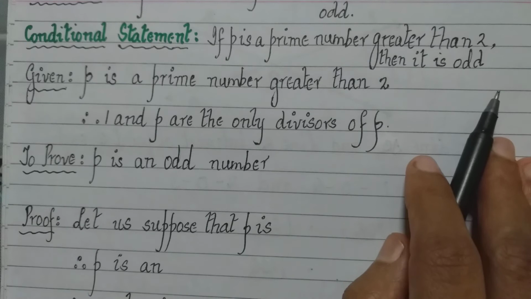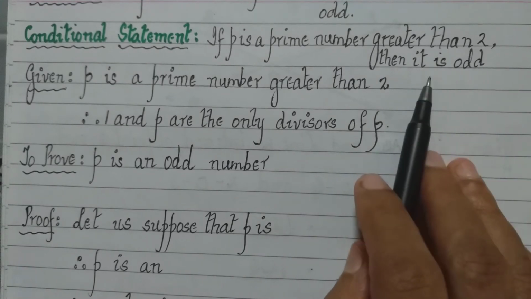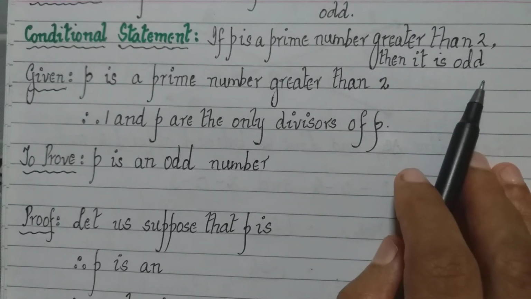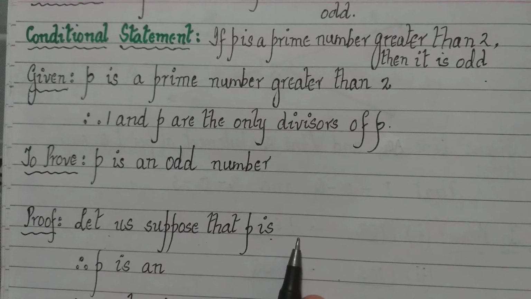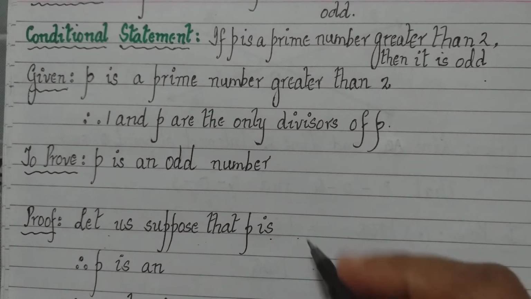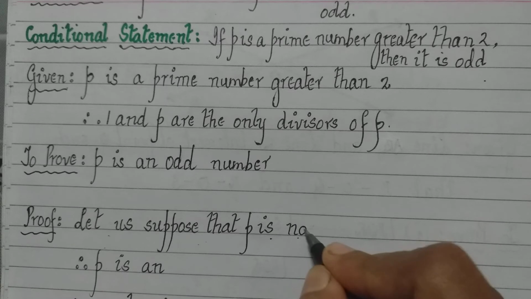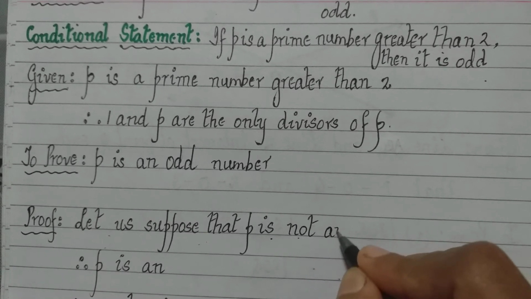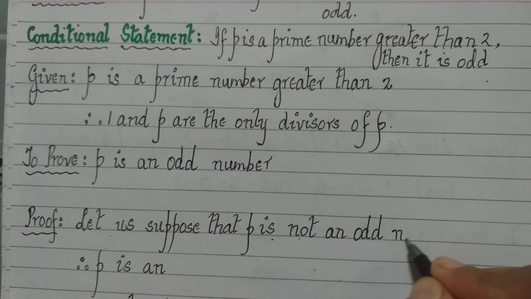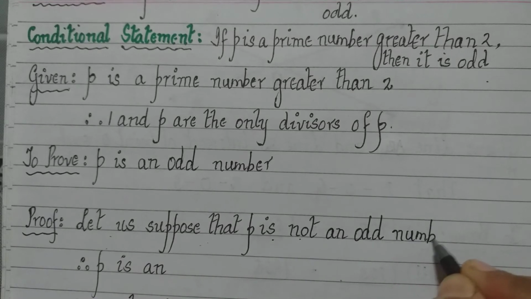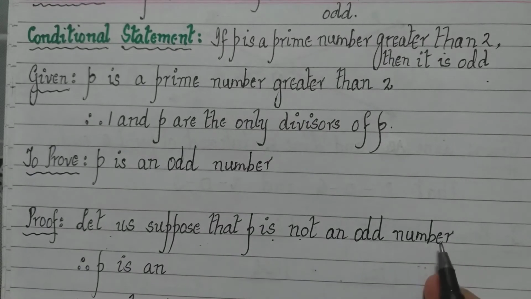Here we have to prove that P is an odd number. So what we say in the beginning in an indirect proof is: let us suppose that P is not an odd number.